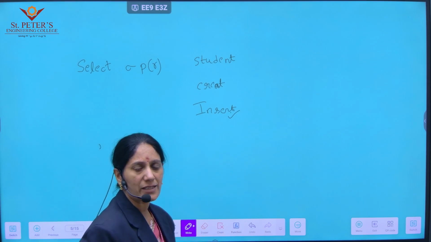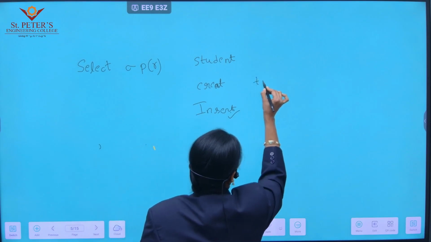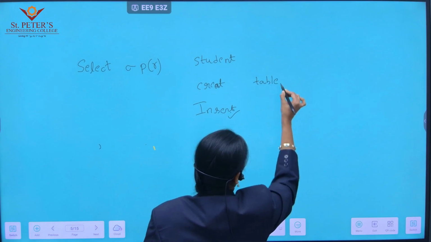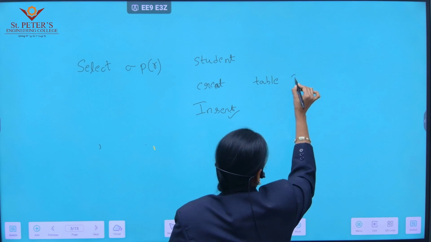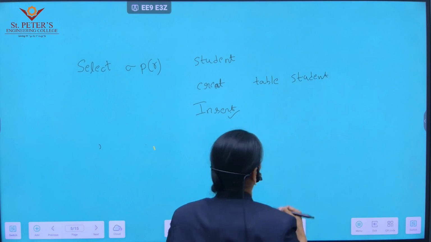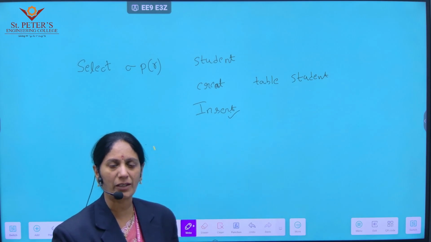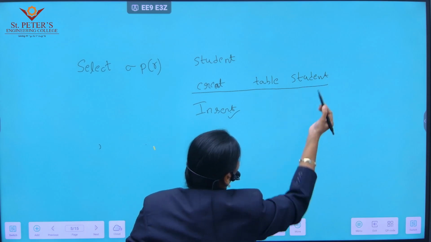The syntax of the creation statement: create table. My relation name is called student relation. What is the syntax of the creation of the student relation? Create table name.